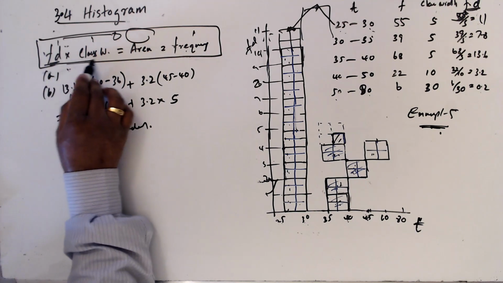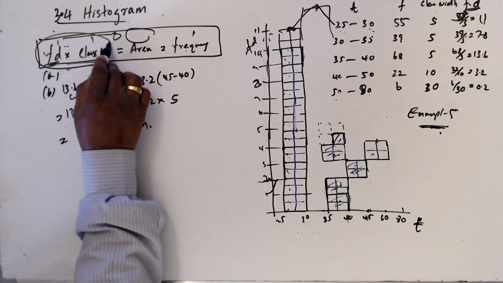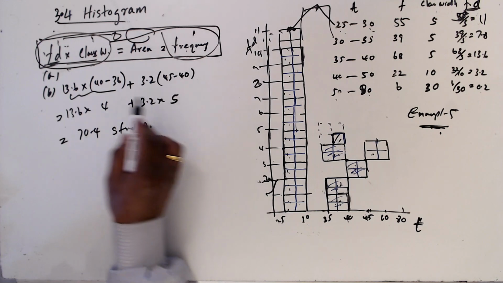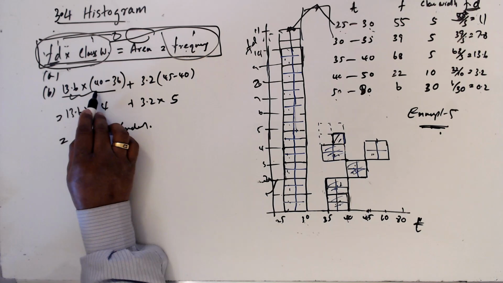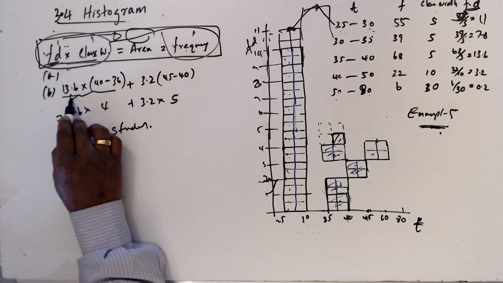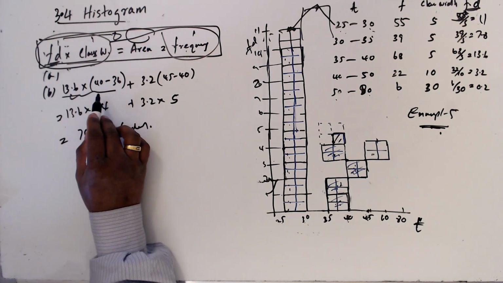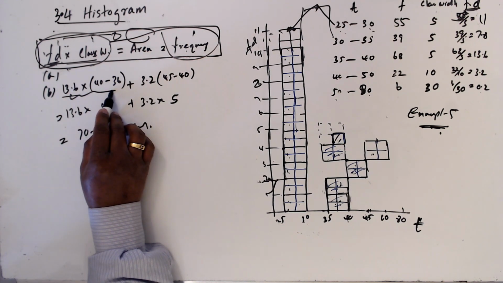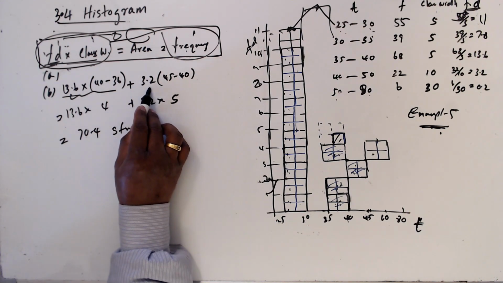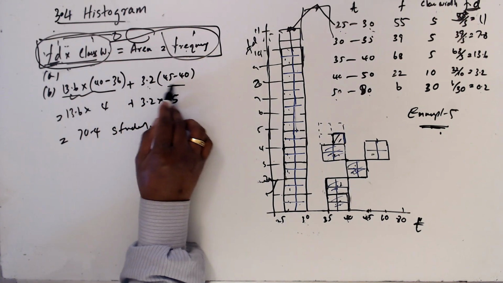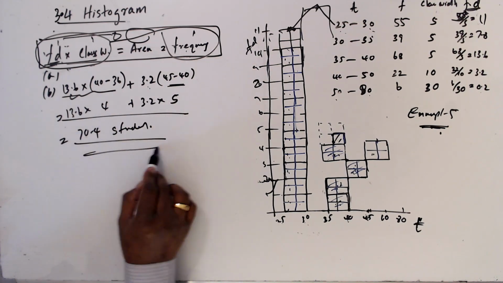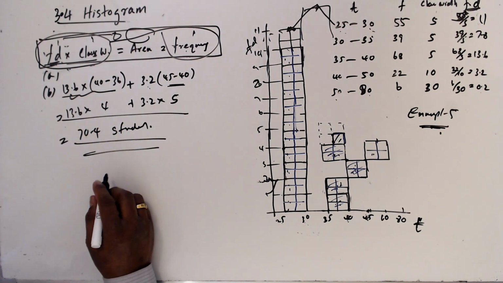So we use frequency density times class width equals frequency. If it's confusing, think about height. The height is 13.6 and the width is 40 minus 36, and the same for the other: the height is 3.2 and the width is this one, so 70.4 students.